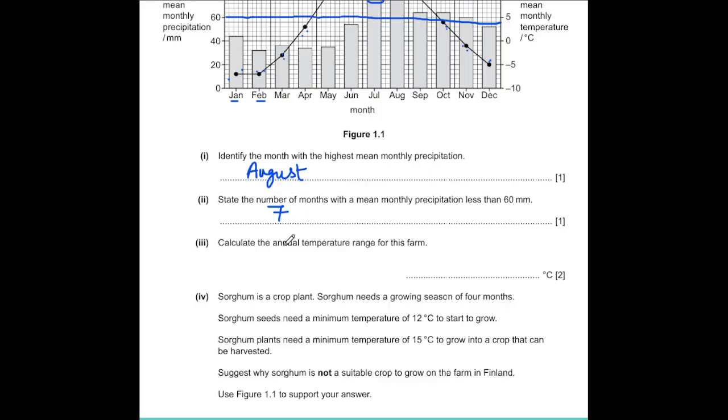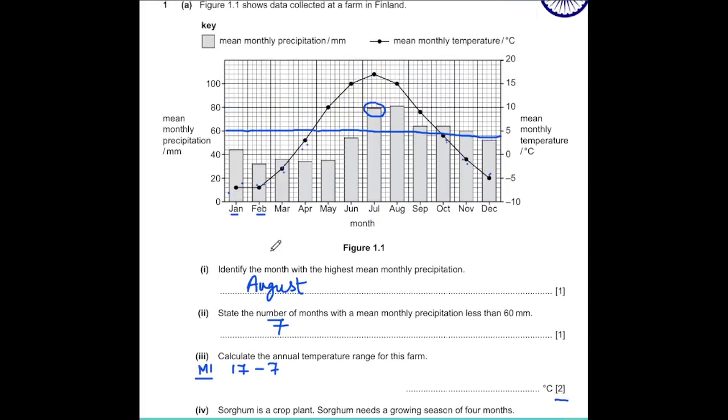Calculate the annual temperature range for this farm. Whenever such a question is there, for 2 marks, you always need to show your working, as 1 mark will be given for the data. So the annual temperature range, we are taking from 17 minus minus 7. The highest one is this, and the lowest one, there we go, is minus 7.